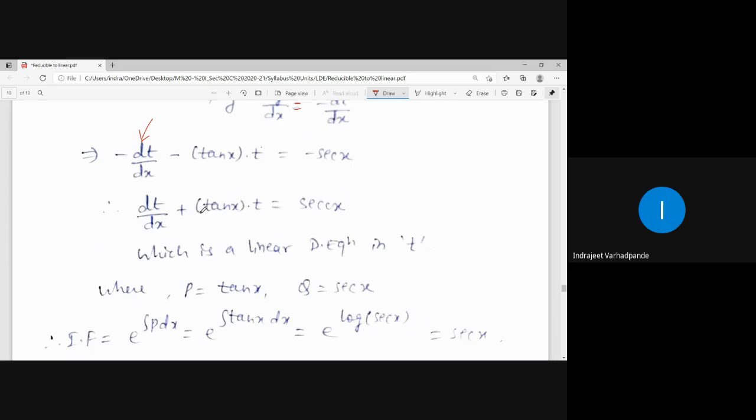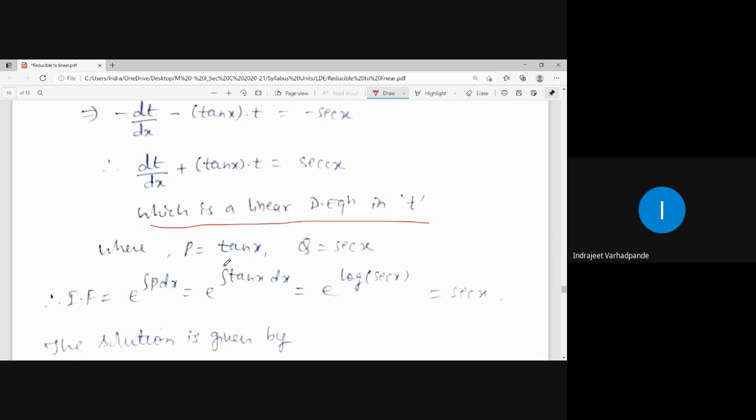So dt by dx plus tan x into t is equal to sec x, which is a linear differential equation in t.